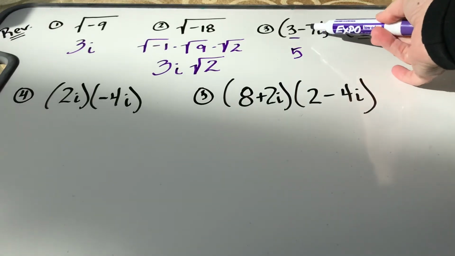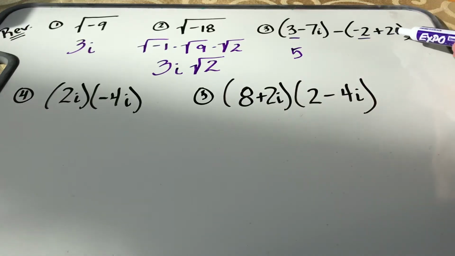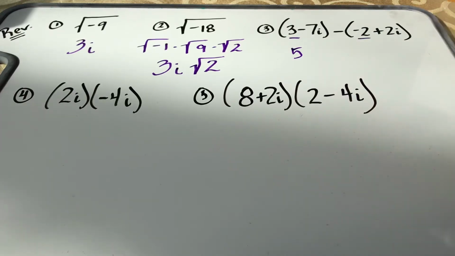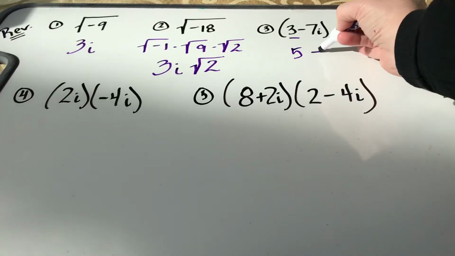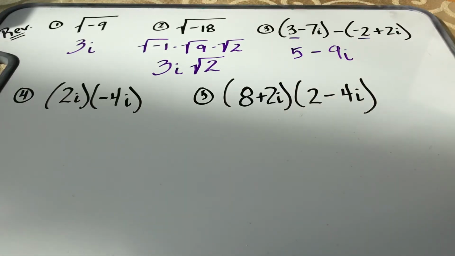This is a negative 7. Then we are subtracting a positive 2. So negative 7i subtract 2i would give me negative 9i. And that is our new complex number. We cannot combine the 5, that's real, with the 9i because that's imaginary.